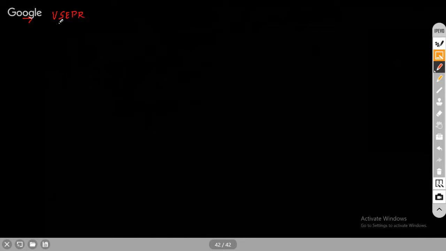VSEPR, valence shell electron pair repulsion. As the name suggests, in the valence shell, whatever electron pairs we have, there we have some repulsion. It deals with the shape of the molecule.